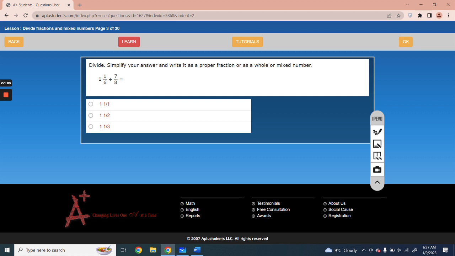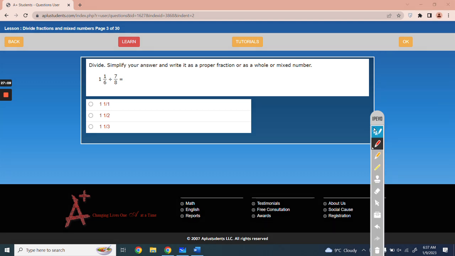Okay, divide, simplify your answer, write it as a proper fraction or as a mixed number. Convert 1 whole 1 by 6 to an improper fraction. It would be 1 times 6 plus 1 over 6. So 6 times 1 is 6 and 1, 7 over 6. It is divided by 7 over 8.